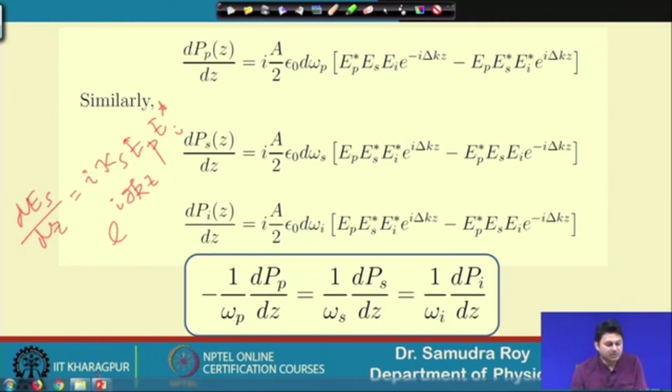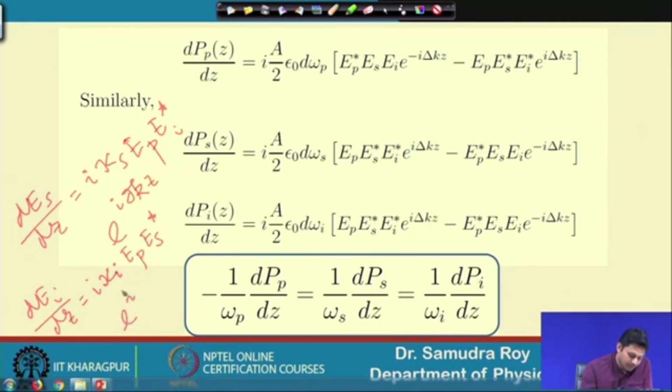This was the expression of dE_s/dz, and in the similar way we have another equation that is i kappa i E_p E_s star e to the power i delta k z.